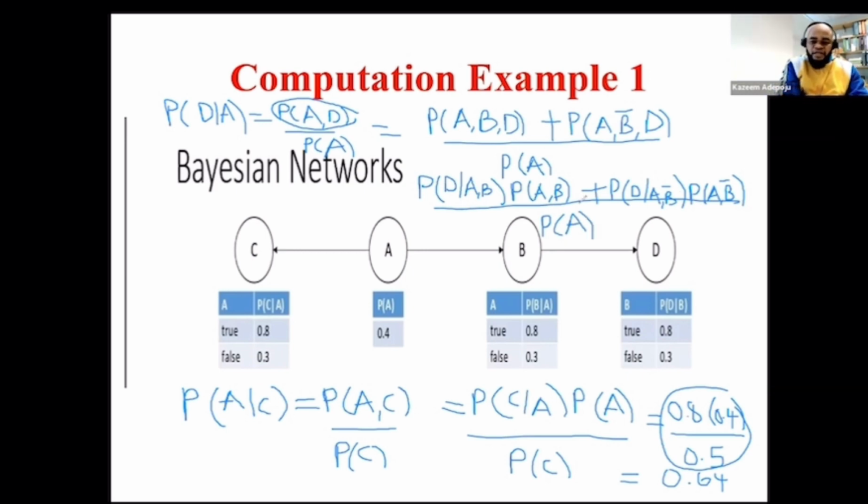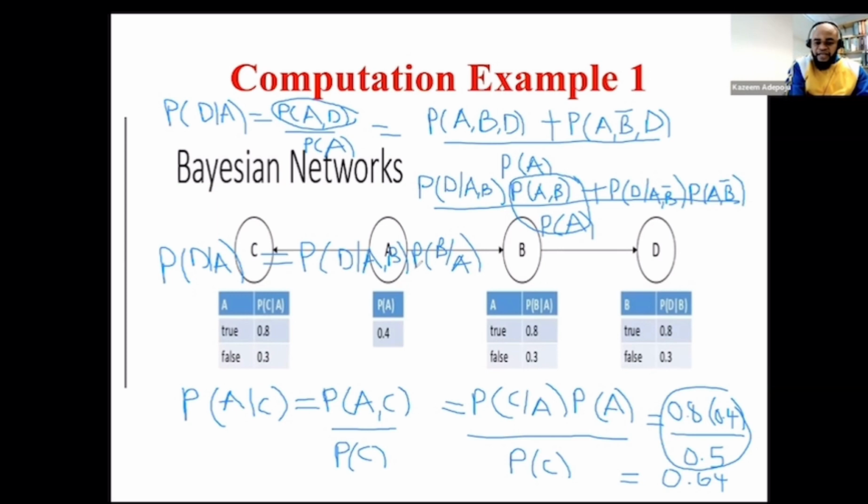Okay, so if you take a look at this and use that same idea, the probability of D given A is basically going to be, this guy here I can rewrite as the probability of B given A. So I'm going to have the probability of D given A, comma B, times the probability of B given A. Don't forget, this is a denominator to this, and this also serves as the denominator to this guy.